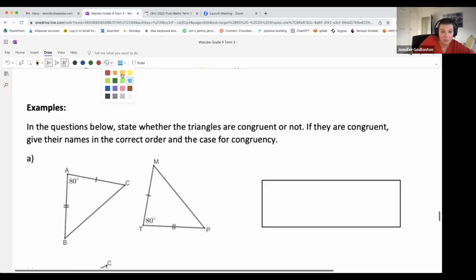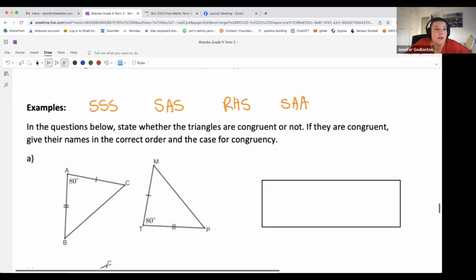I'm going to help you out a little bit and write the reasons up here, just while you're getting to know them. If they are congruent, I would like the congruency sentence with the reason. Wade, this one's all yours. I'm just going to give everyone a moment to give it a go.